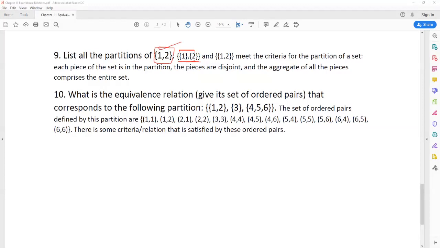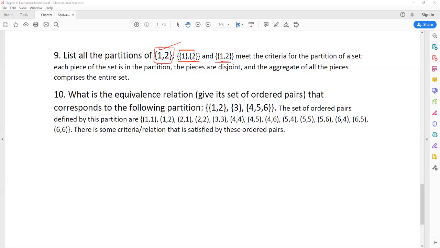And of course, we could keep 1 and 2 together like this, and that would give us a non-empty set. And of course, it's vacuously true that it is disjoint, and it is already the entire set. So these are the 2 partitions that you can make from the set containing 1 and 2.